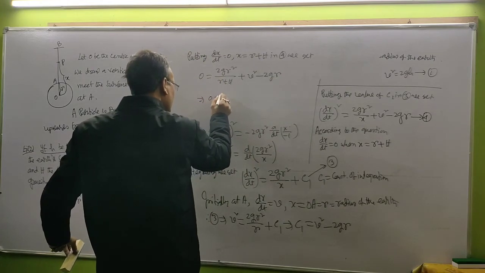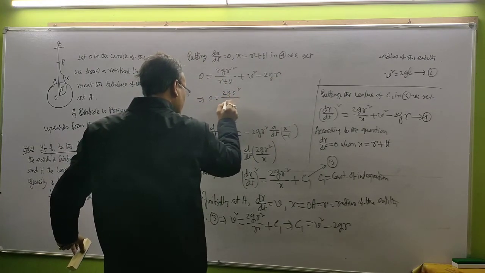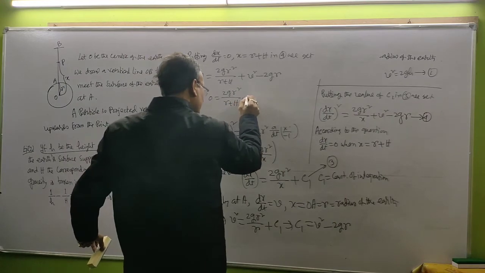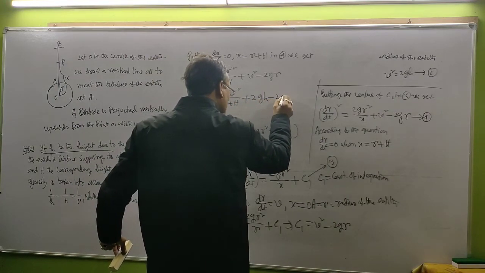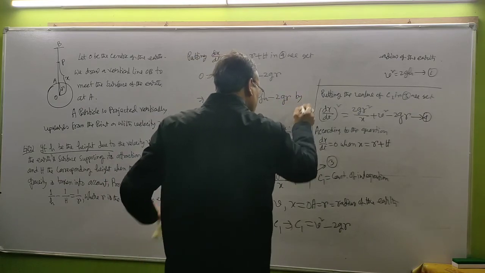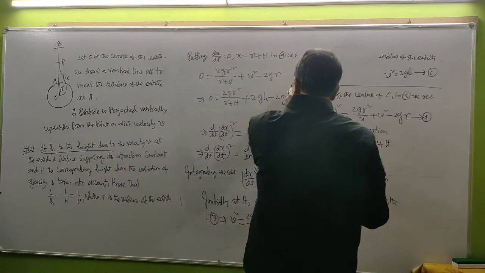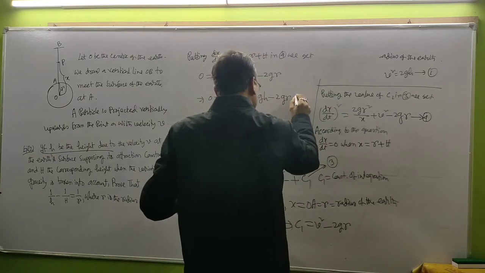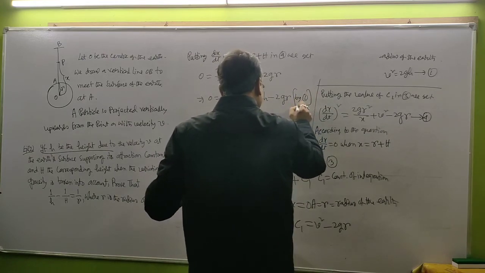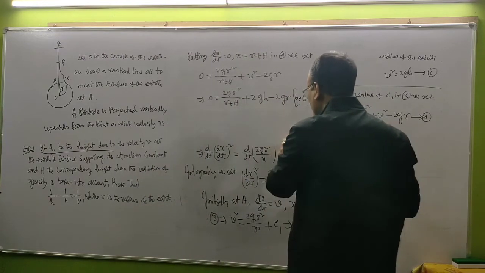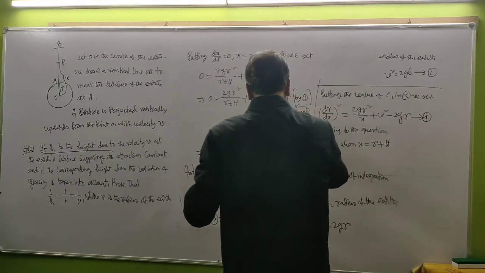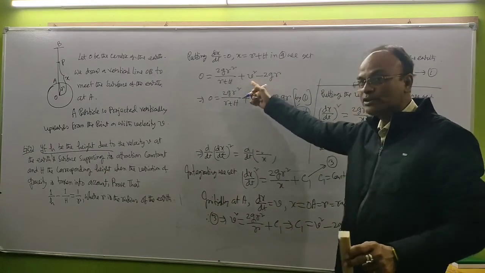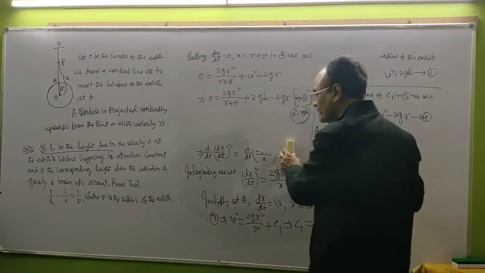This means 0 = 2gR²/(R + H) + 2gh − 2gR, by using 1. By 1, v² is equal to 2gh. We have applied this one. For v², put 2gh.